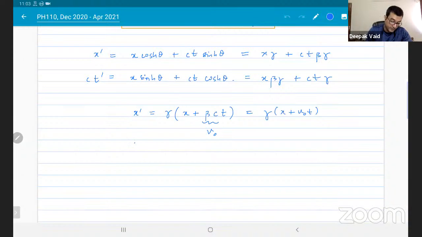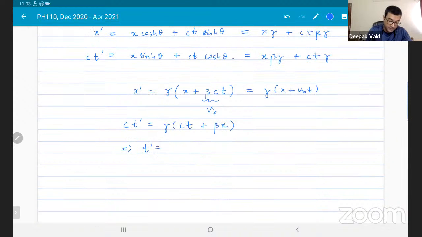And what about t prime? So t prime can be written as, now this x, I have this factor of c, I'll take that c factor over here. First let me write this gamma times ct plus beta x, and then I'll divide both sides by c.